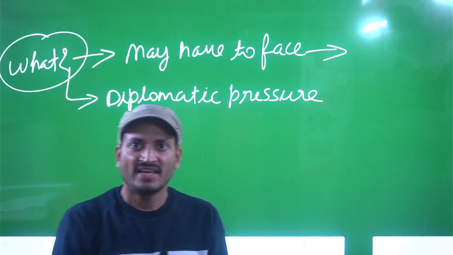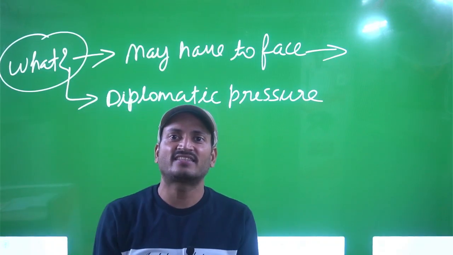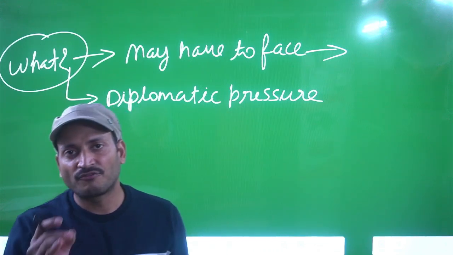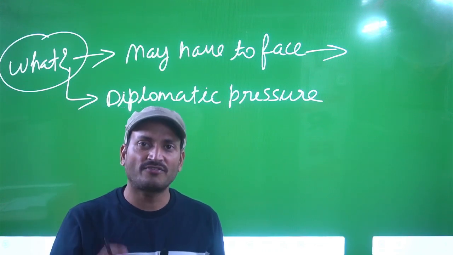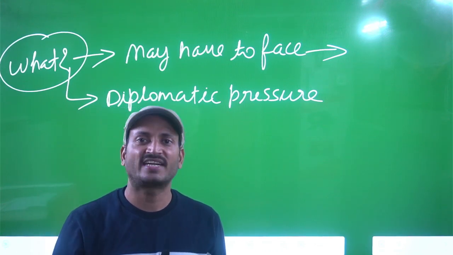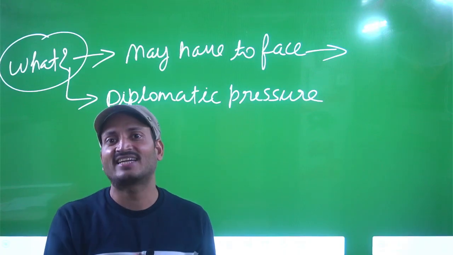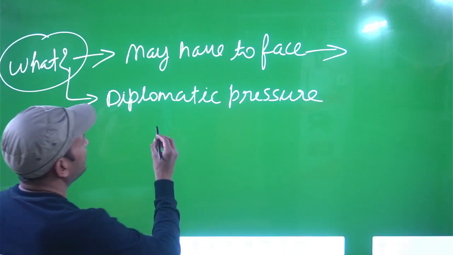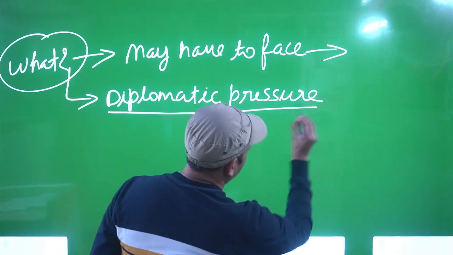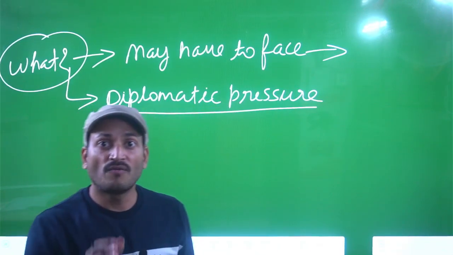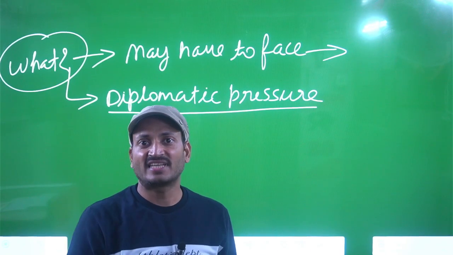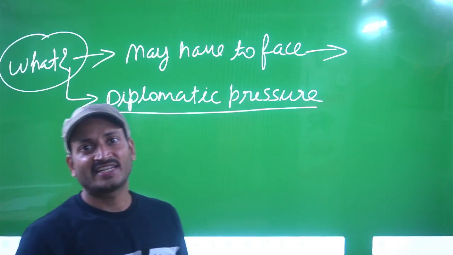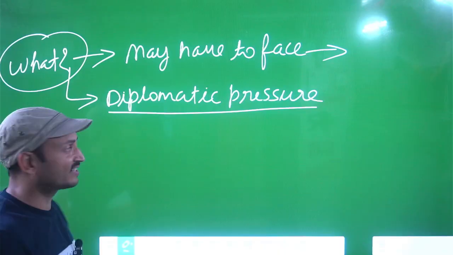For example, if there are 10 countries party to a treaty, and one of the countries is not following any of the provisions of that treaty, then the remaining 9 countries will build diplomatic pressure over the non-compliant country, meaning the party that is not following the provisions of the treaty. So this is known as diplomatic pressure.